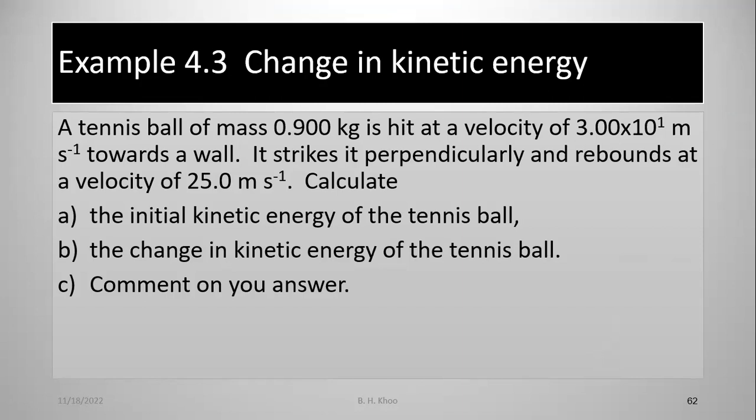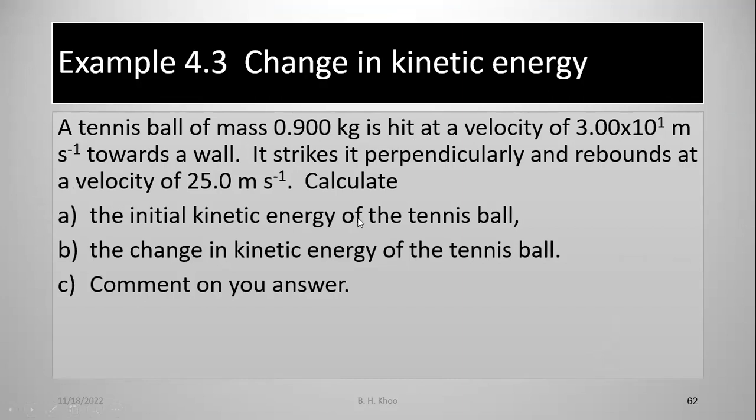Try that. Example 4.3. Change in kinetic energy. A tennis ball of mass 0.9 kilogram is hit at a velocity of 30 meters per second towards a wall. It strikes it perpendicularly and rebounds at a velocity of 25 meters per second.